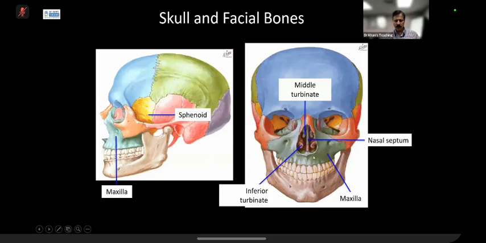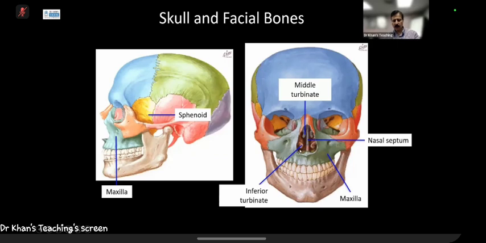This is the maxilla, and this is the alveolar ridge of the maxilla. This is the nasal cavity, and you can see that there is a bony septum here. And these are the bones which are visible within the nasal cavity. This is the middle turbinate and the inferior turbinate.